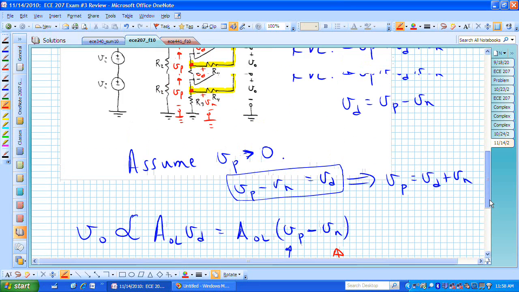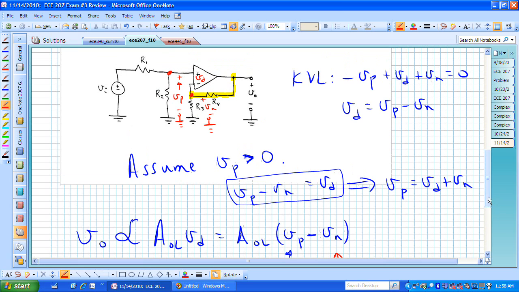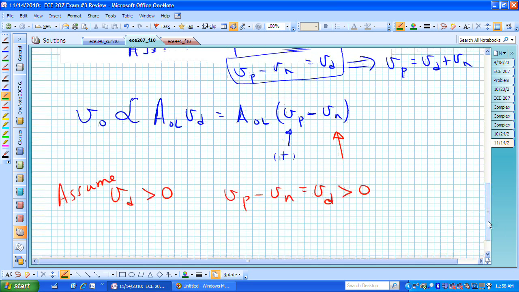Now if we look at our circuit, we see that V naught right there is being fed back through this combination of R3 and R4 to V sub n. And V naught is proportional to V sub D. So V naught is going to be a positive number, but that's getting fed back through and causing V sub n to increase.